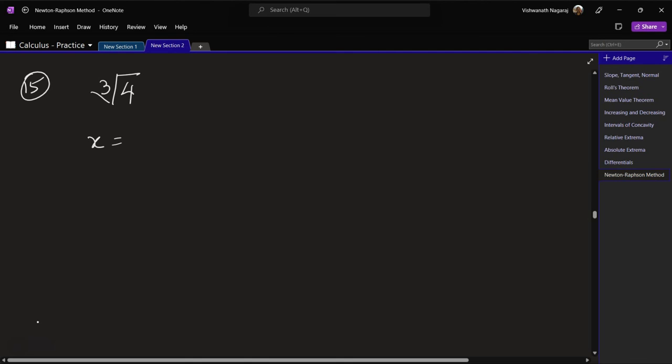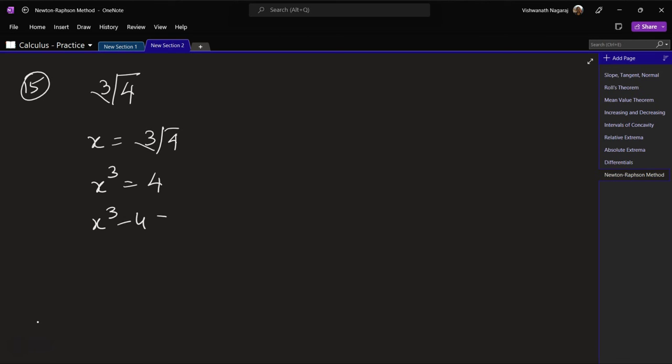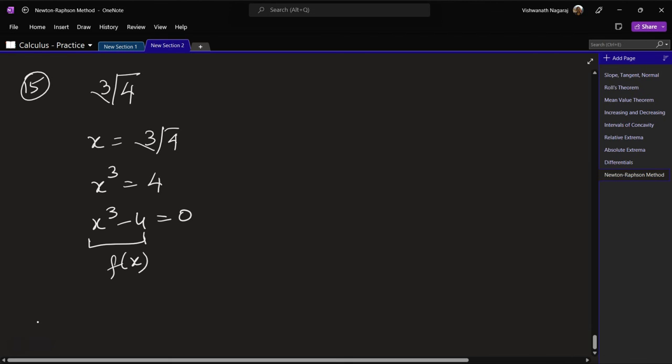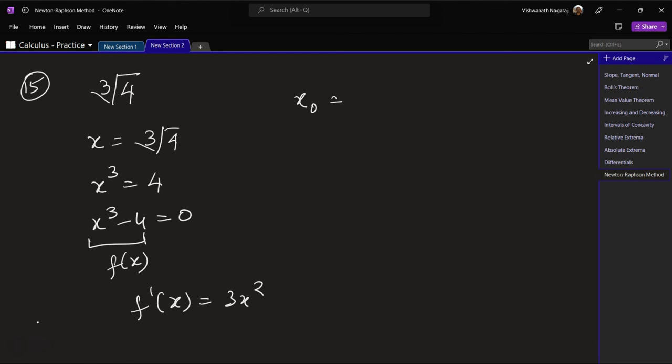Okay. Now the 15th one, cube root of 4. So again, x equals the cube root of 4, x cube is equal to 4, x cube minus 4 equal to 0. So this will be our f of x, which means f prime of x is going to be 3x square. Now what will be x naught? 1 times 1 times 1 is 1, 2 times 2 times 2 is 8. So again it is between 1 and 2, but it is closer to 1 than to 2. So let's take it as 1.4.